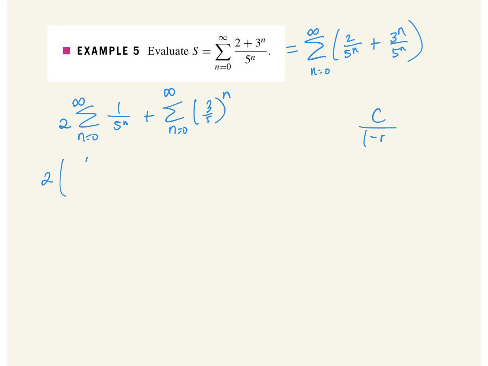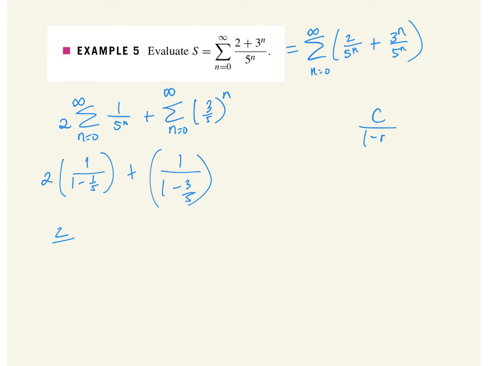So I have 2 times 1 over 1 minus a fifth plus 1 over 1 minus 3/5. And then just through simplifying them, I would get to my answer.